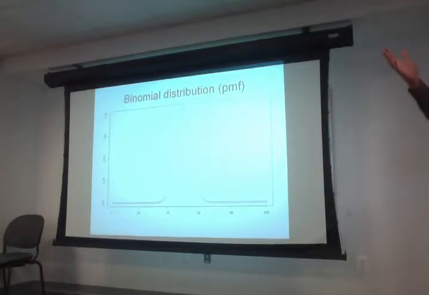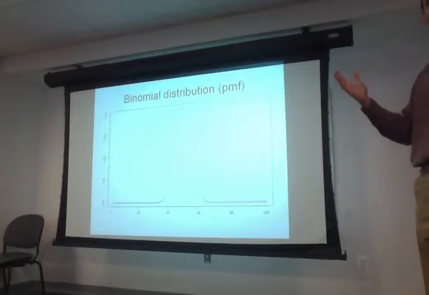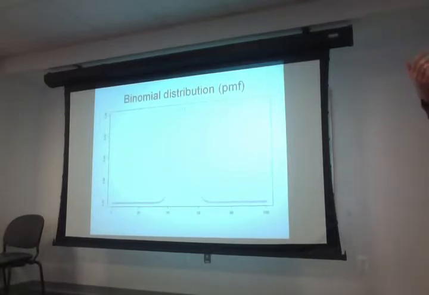Anyone have an estimate of the number of ways we can produce 50 out of 100 wins? Is it like 1.2 times 10 to the 29 or something? Why is that? Well, because that probability is almost 10%.